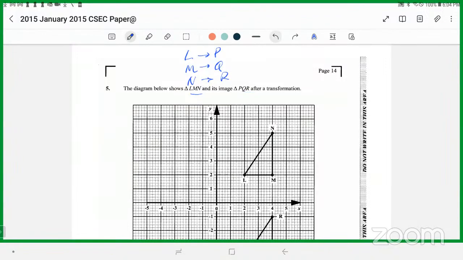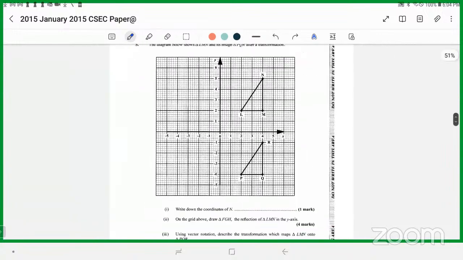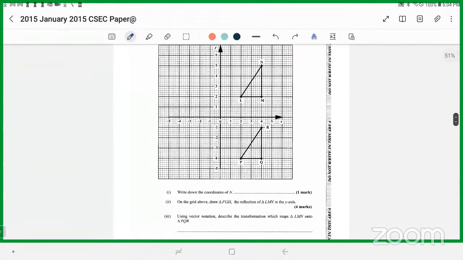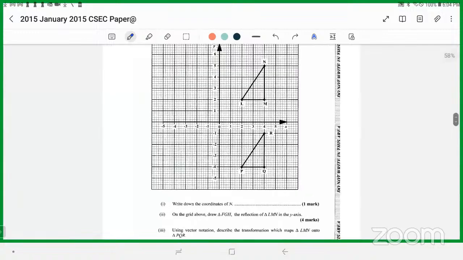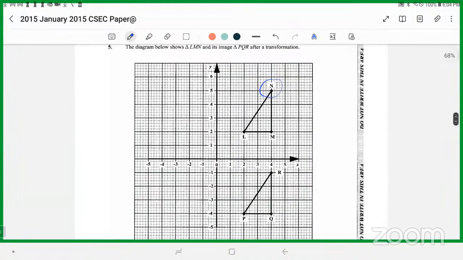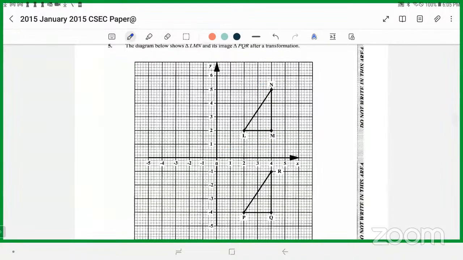Now let's look at it. It says write down the coordinates of N. That's right here. That's 4, 5. So N is (4, 5).